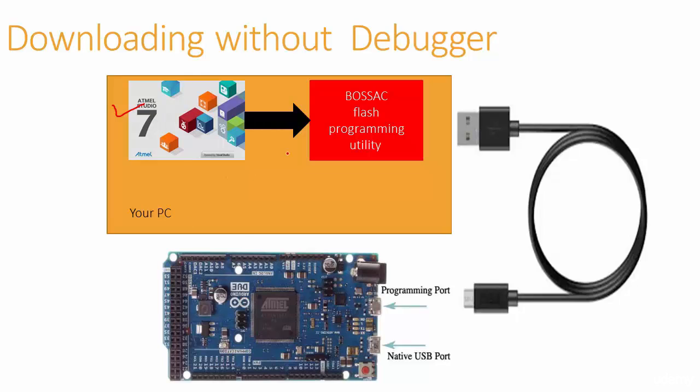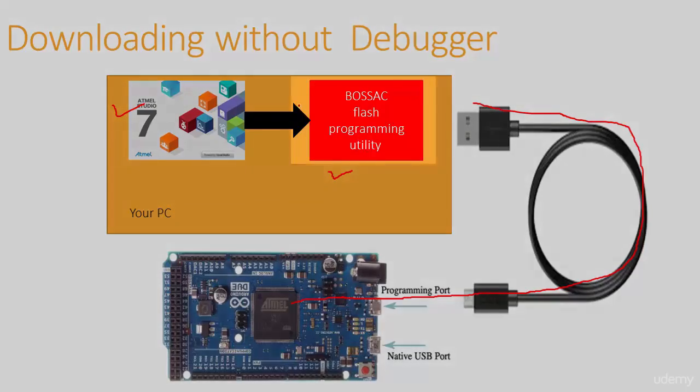You need another software component for that, called Bossac Flash Programming Utility. You have to install this utility, and you have to somehow make your Atmel Studio talk to the flash programming utility, so that it can download the code over your programming port to the flash.